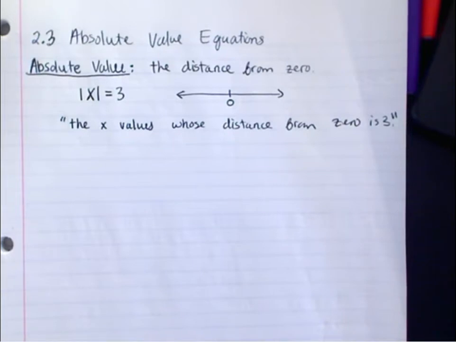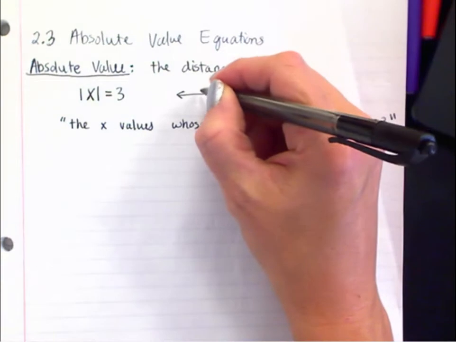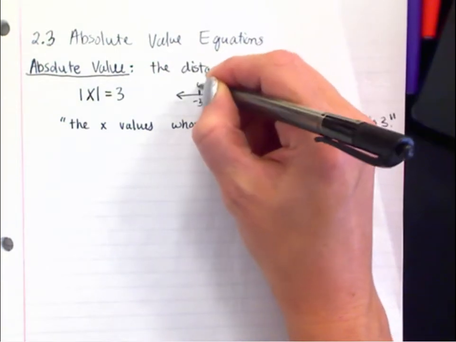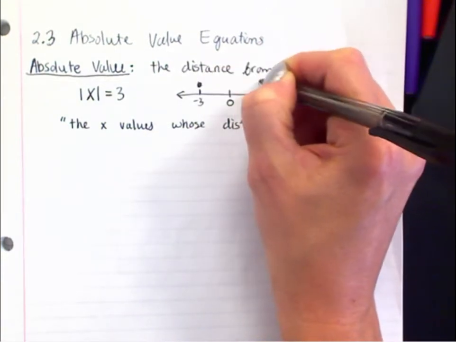Okay, where do those dots go on the number line? Which x values have a distance from 0 that's 3? Negative 3 and positive 3.